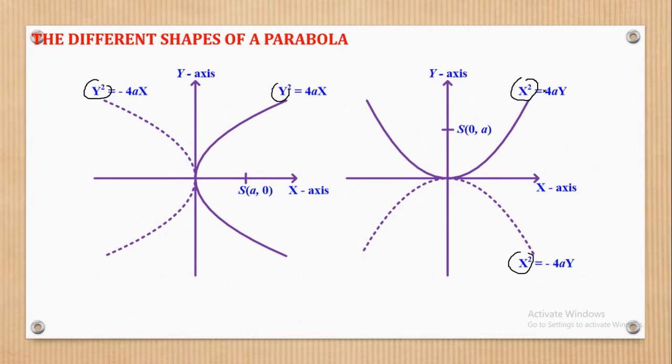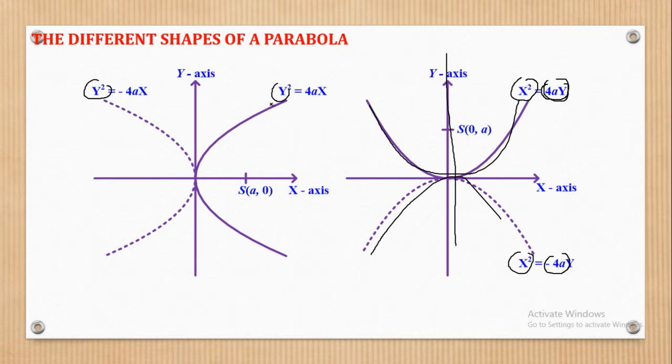Now the shape depends on the coefficient of this. For example, this x squared means that it is symmetrical about the y-axis. Then here, if this is positive, it will have a minimum point, and if the coefficient of y is negative, it will have a maximum point.